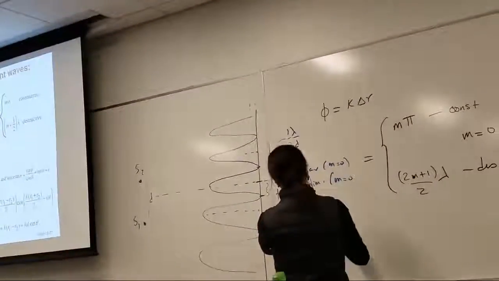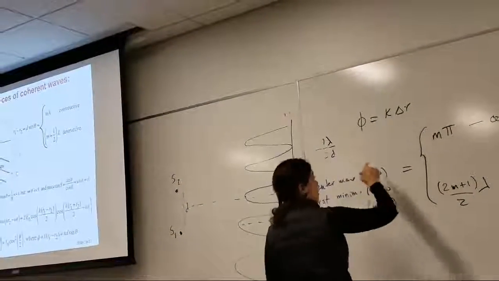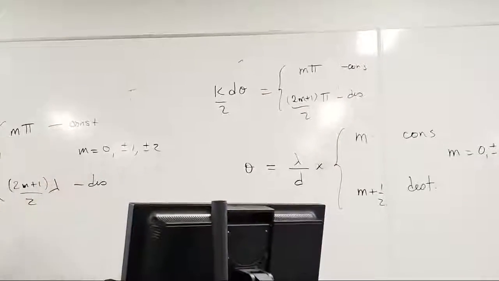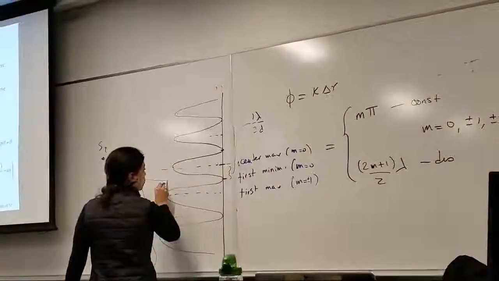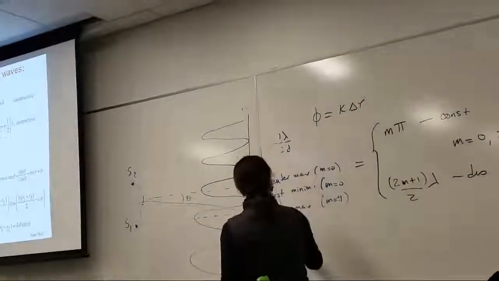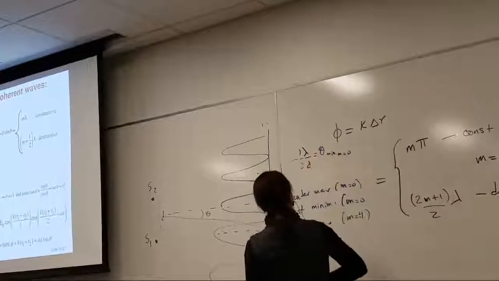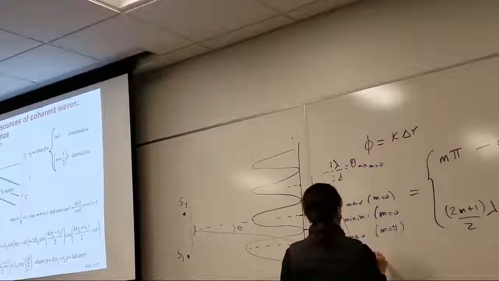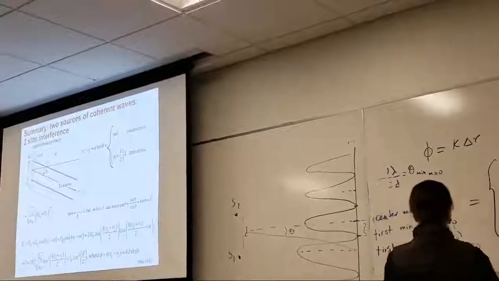The first maxima, m equals plus or minus 1, then m is equal to 1, so that's lambda over d. The angle made for the first maxima is theta, and for m equal to 1 it will be lambda over d, right? And so on and so forth.